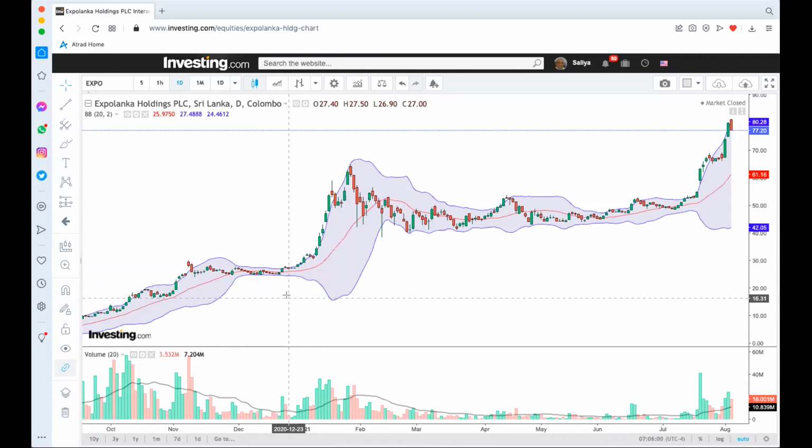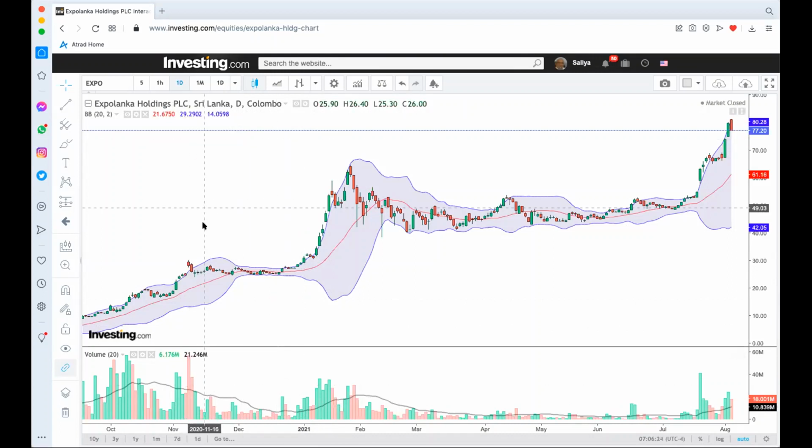So one of the strategies in the Bollinger Bands is that when there is a squeeze, we make use of that development to understand at which point to either buy or sell the security.